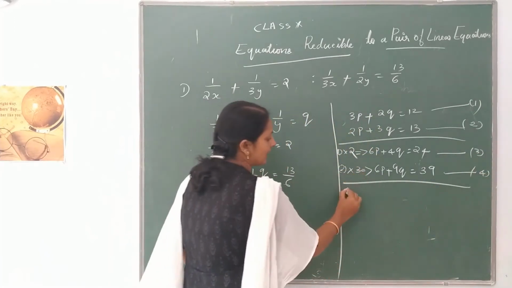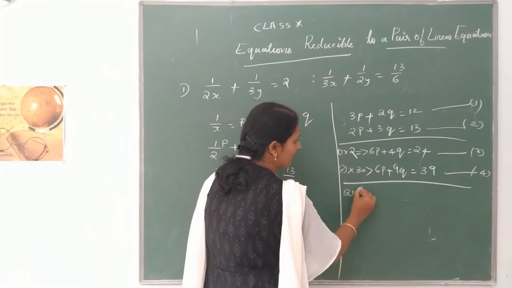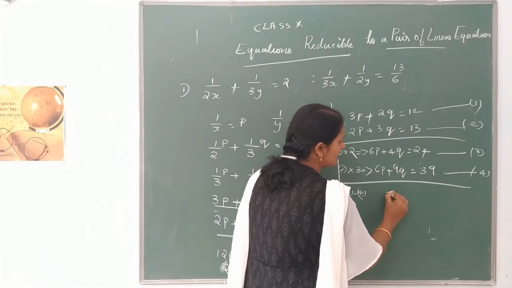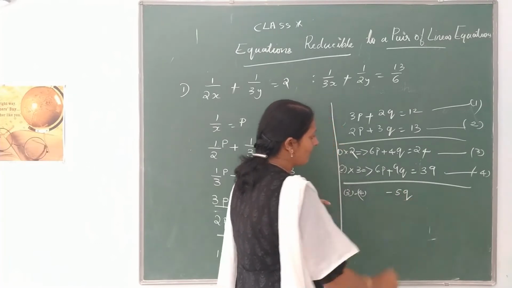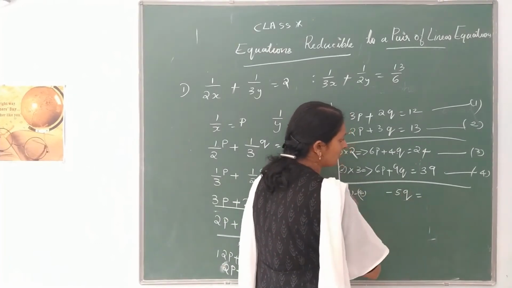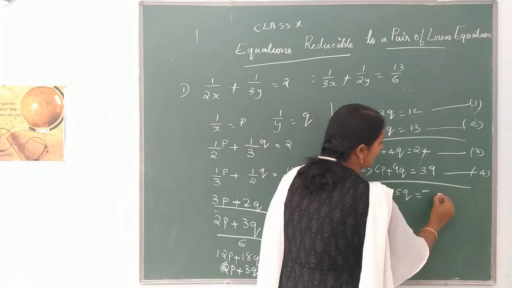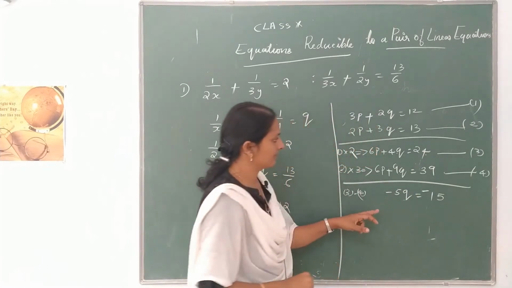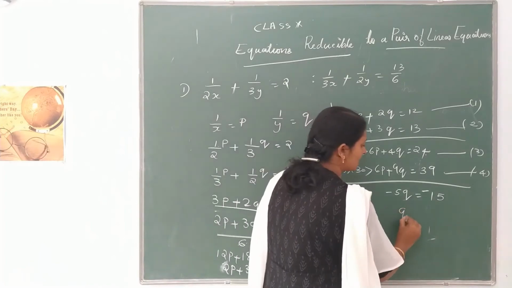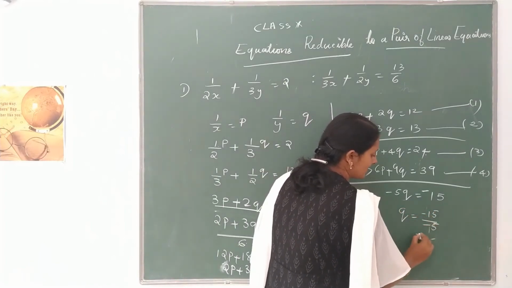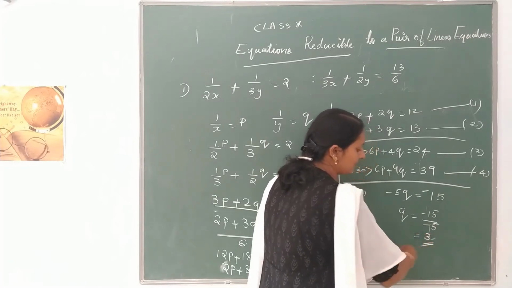Then 3 minus 4, we get 4q minus 9q, that is minus 5q, is equal to 24 minus 39, that is negative 15. Then q is equal to negative 15 divided by negative 5, that is positive 3.